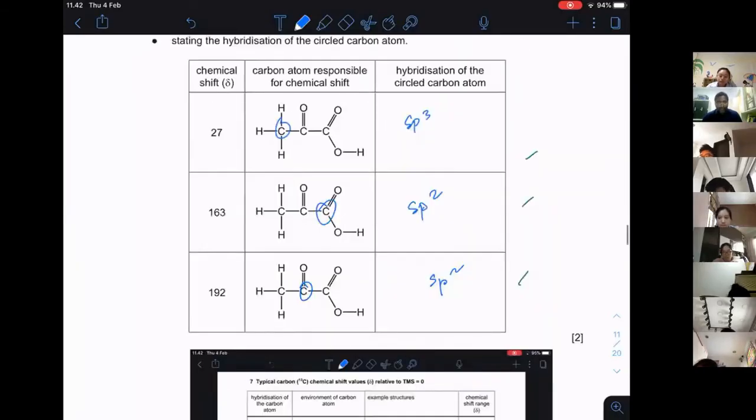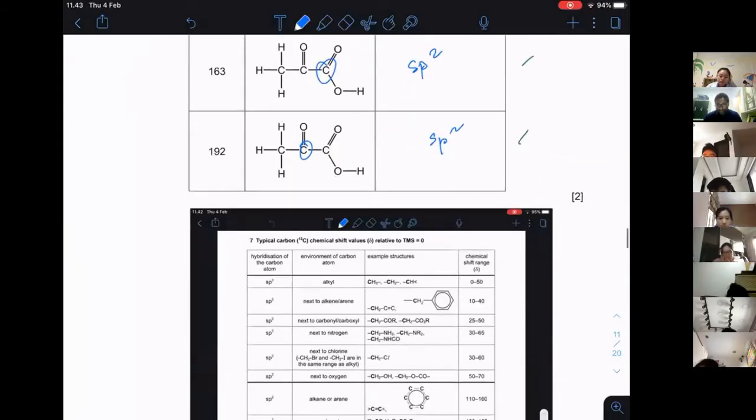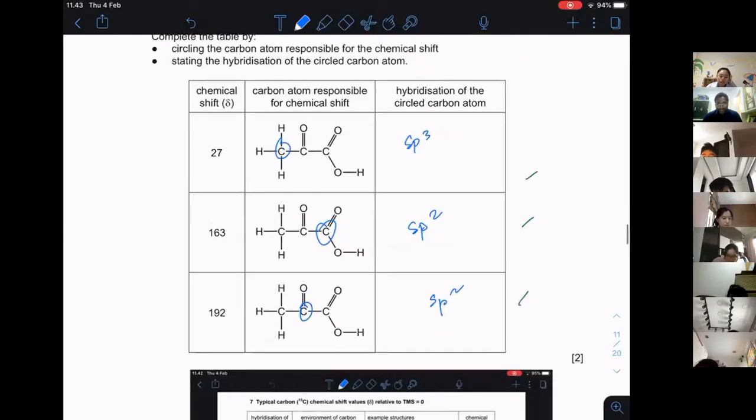You can see here I have the chemical shift at 27, so I need to look for 27. They said the carbon atom responsible. There are 3 carbon atoms: one is attached to 3 hydrogens, another is attached to oxygen, and another is attached to oxygen and OH.